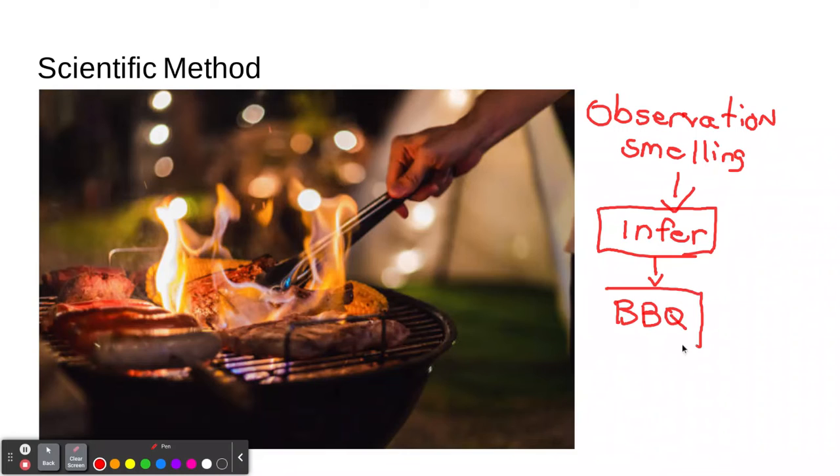And of course, if you keep going and maybe it's your next door neighbor, and you knock on his door and ask if you can come in, which is kind of rude, you see that he is indeed barbecuing. So right there, your observation was true. So one of the first steps in the scientific method is to observe and then to infer some conclusion on what you're observing. Let's break it down in a chart.